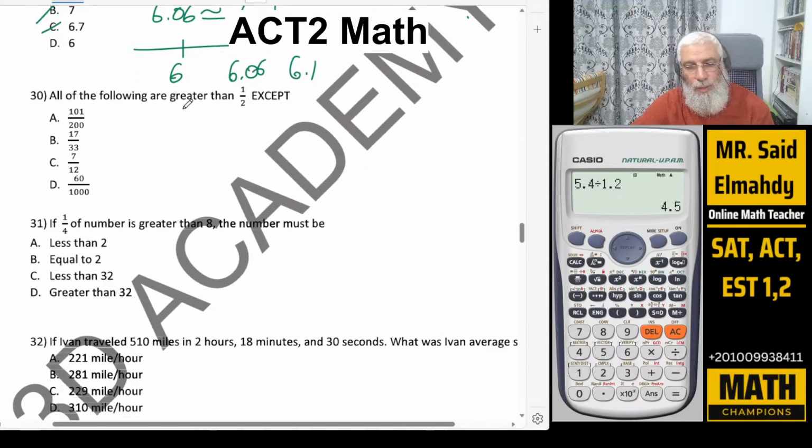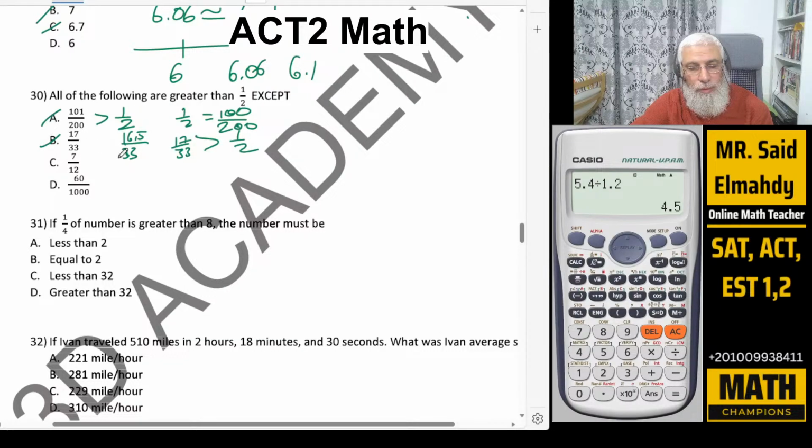All of the following are greater than 1/2 except for... this is greater. Yes, this is greater than 1/2, because 1/2 equals 100 over 200, so this is 101. Half of 33 is 16.5, so 17 over 33 is greater than 1/2.